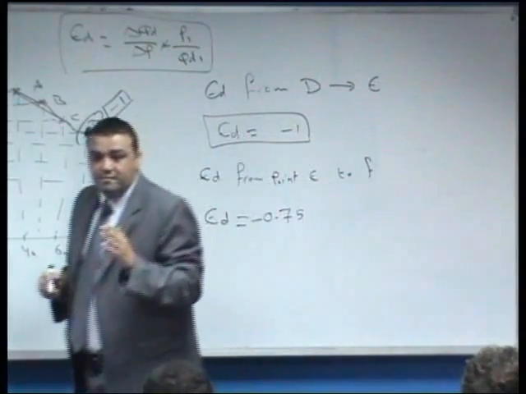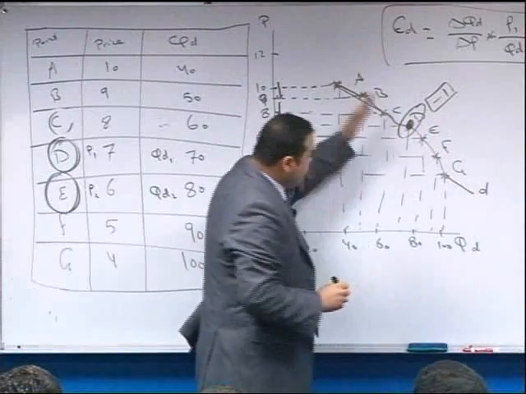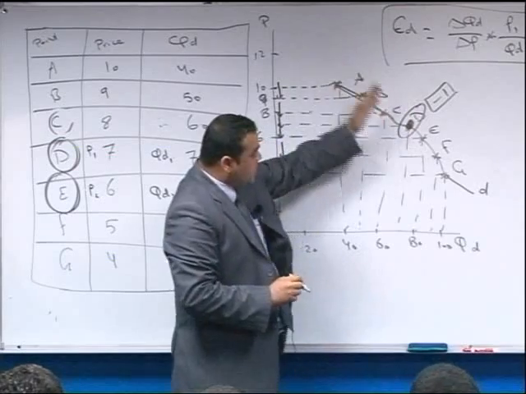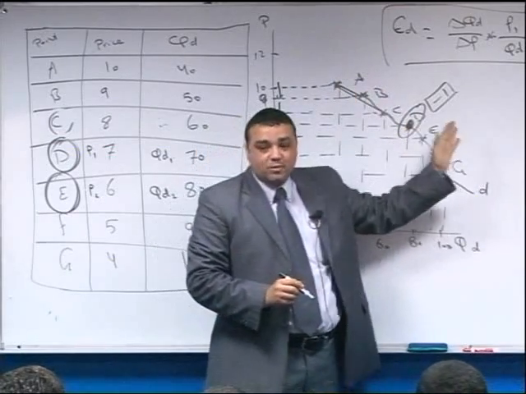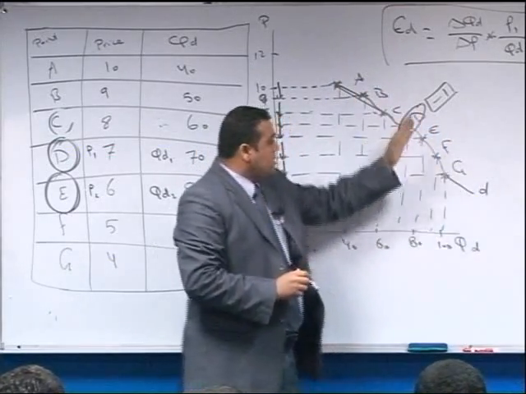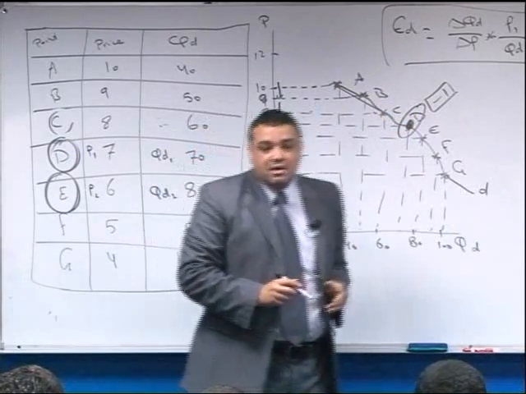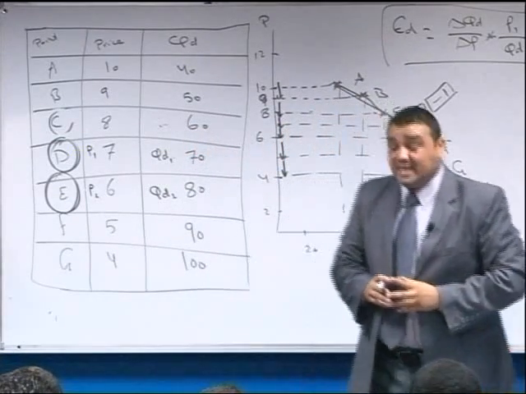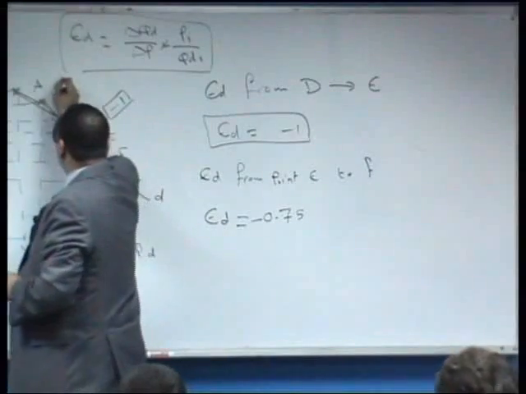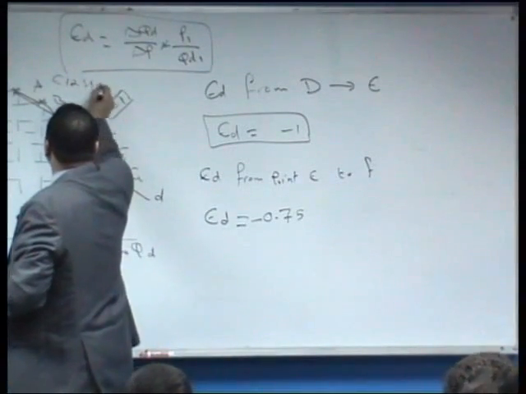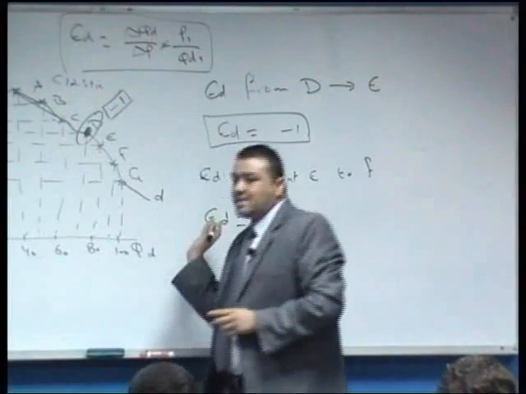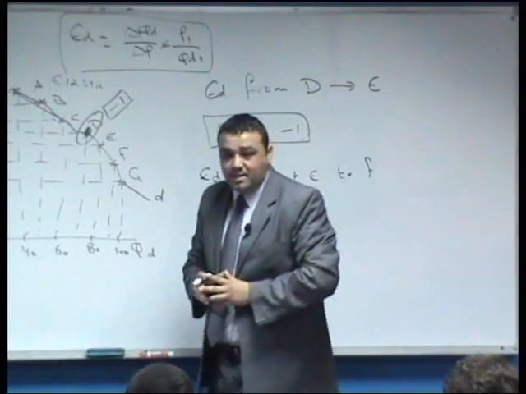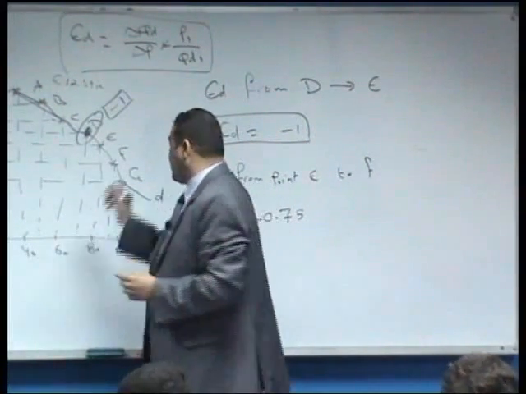The demand curve has two parts: the left side and the right side. At the left side, the demand curve is elastic, and at the right side, it would be inelastic.